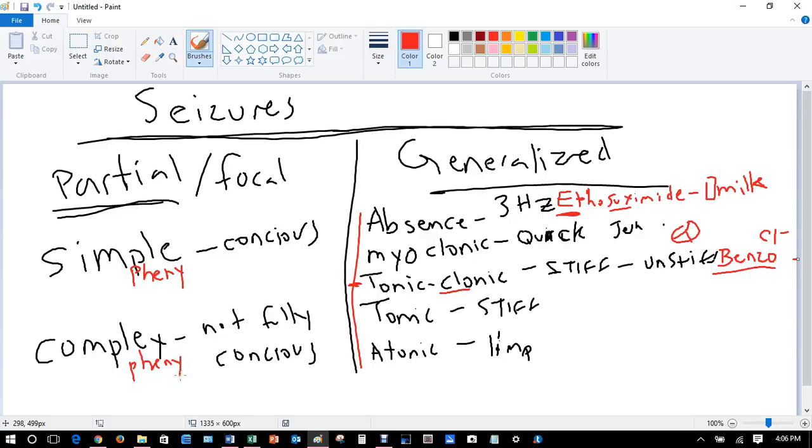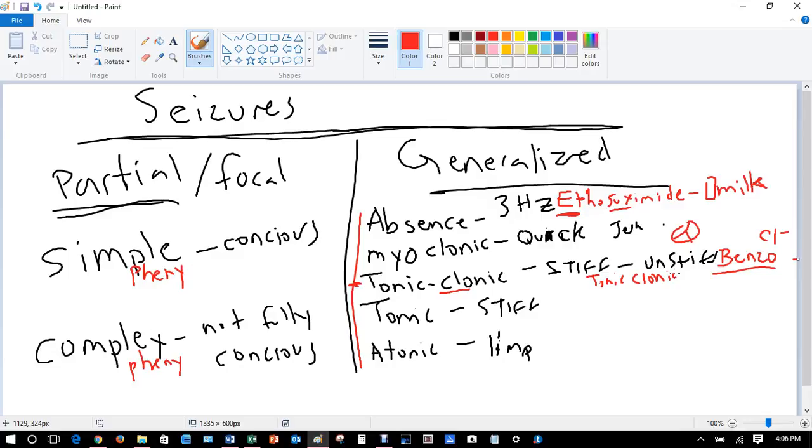You can use phenytoin for tonic-clonic. In fact, it is first line for tonic-clonic seizures, but it's not first line acute. First line acute is going to be benzodiazepine. So if a person's having a tonic-clonic seizure right in front of you, you're going to use benzodiazepine.